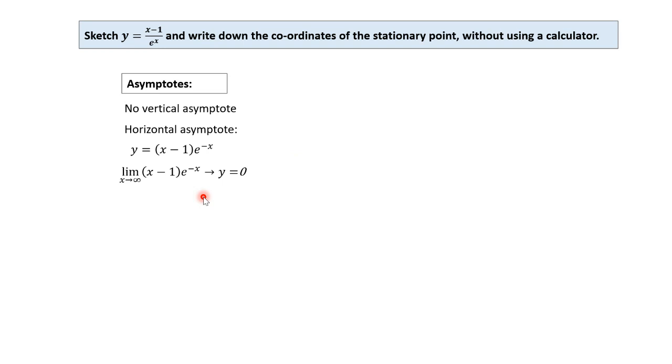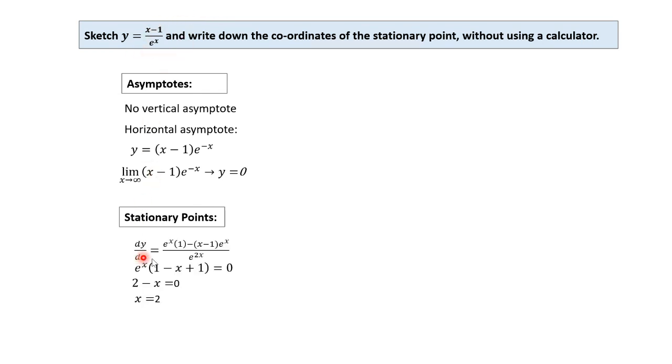All right, then what's my next step? Stationary points. So to get my turning points, what do I do? I differentiate that. I'm going to use my quotient rule. So I square the denominator, so e to the 2x.